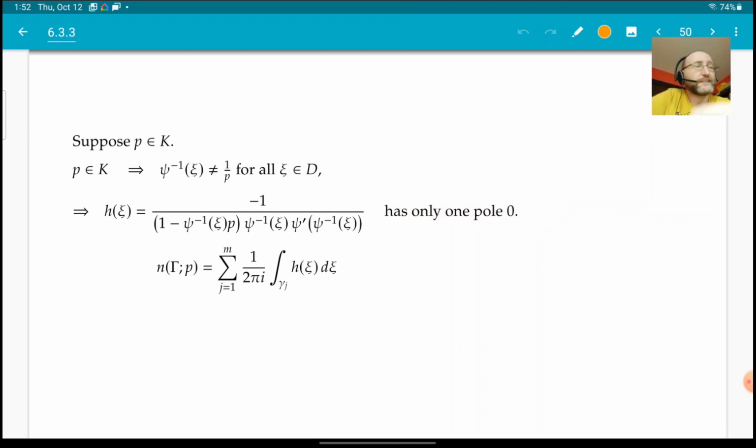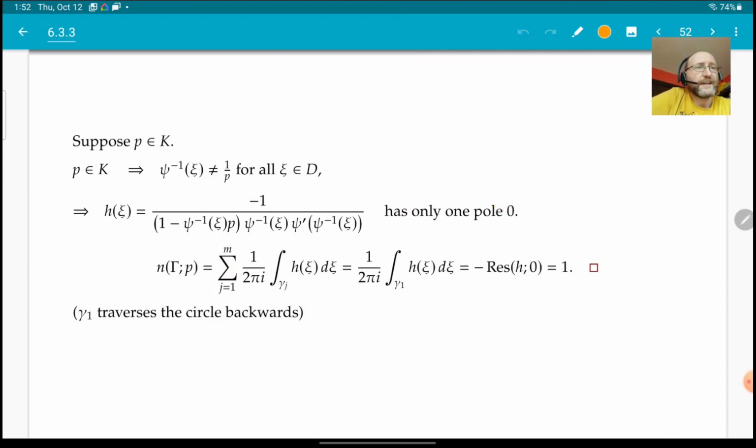So again we write that thing. Let me just put H in here, and that pole is 0, so I can just forget about all the other ones, just around gamma 1, right? And it goes around the other direction, right? That's a key thing here. That's why I'm getting minus the residue, right?